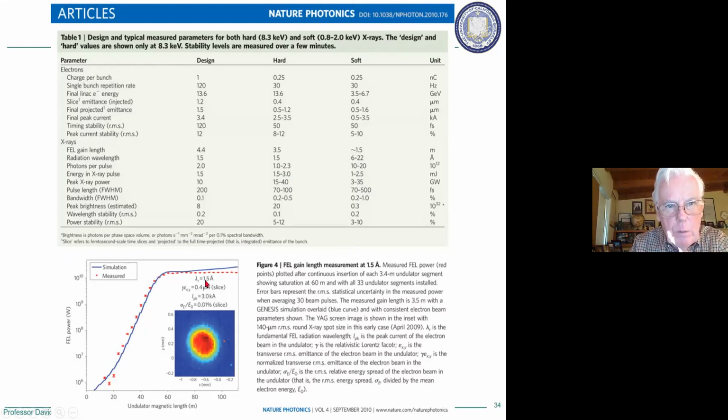It's at 1.5 angstroms, about 8 keV. The peak current is 3 kiloamps. You can see this is the exponential gain, and they're getting up to around 10 to the 10th watts in a short pulse of around 10 femtoseconds or 20 femtoseconds, something like that.